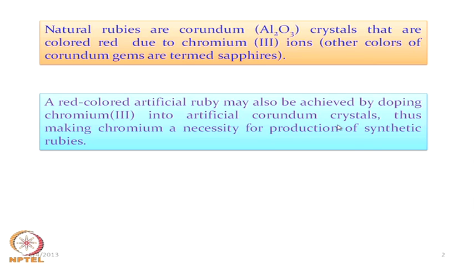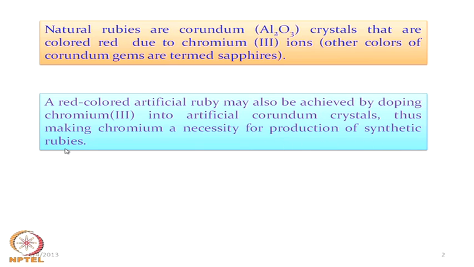So, in the laboratory, if the available corundum is not naturally occurring, we can dope chromium 3 artificially into artificially prepared corundum crystals, and thus we are able to make the corresponding ruby in a synthetic way.